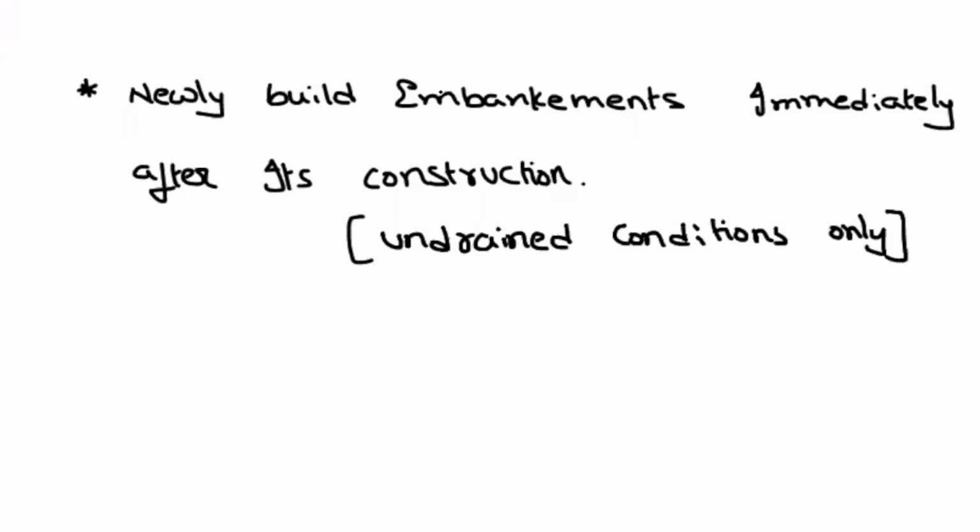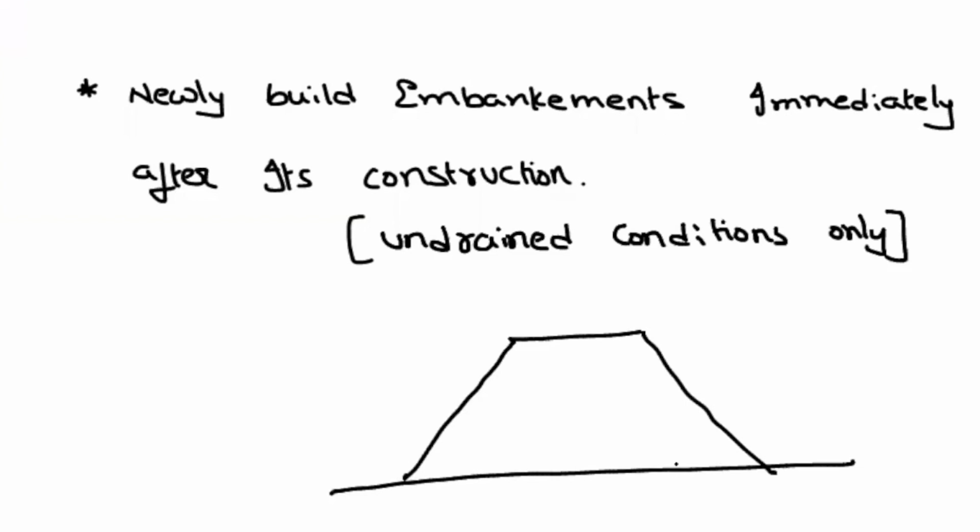Now let us consider a finite slope, that means a finite embankment. Let us assume the slip surface for the finite slopes, as we have already discussed, will be a form of rotation. Because of the rotation, the soil failure will occur. So let us say the failure plane is somewhat like this.